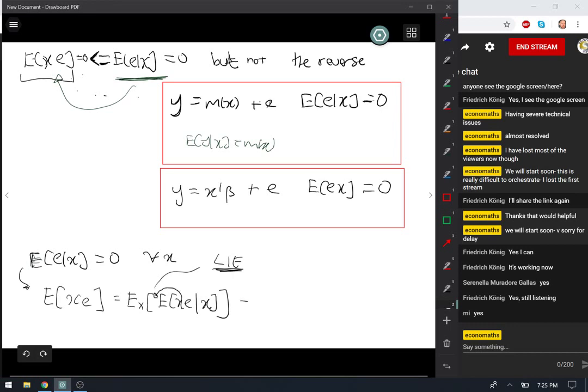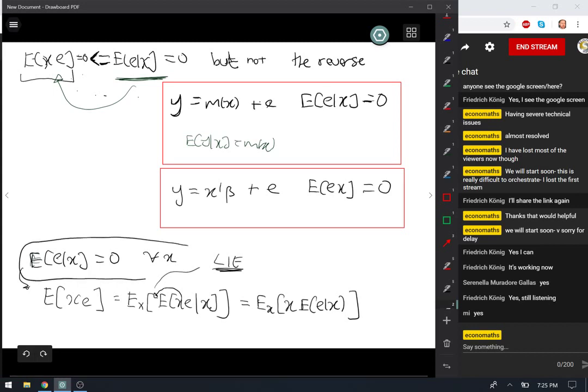So we'll then get E of x times E of e given x. Assuming this equals 0 for all x, and it's crucial that it holds for all x, then this is 0 inside for every value of x, because we're taking the average over every possible value of x. So the sufficient condition is that it's mean 0 everywhere. This equals 0 then.